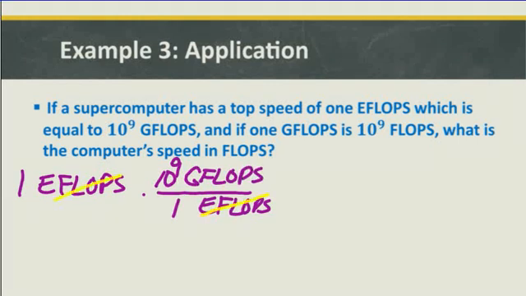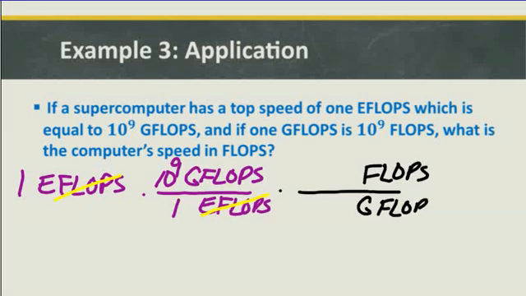The exaflops cancel out. Now I need to go from gigaflops to flops. And it says if 1 gigaflop is 10 to the 9th flops, so I need flops on top. That means gigaflops is on the bottom because I need to cancel the gigaflop out. 1 gigaflop is the same as 10 to the 9th flops. The gigaflops labels cancel out.